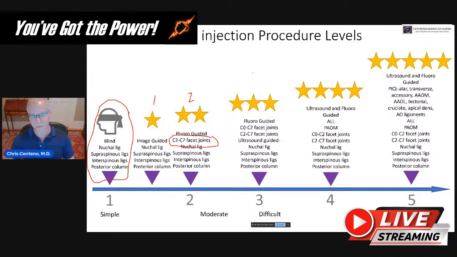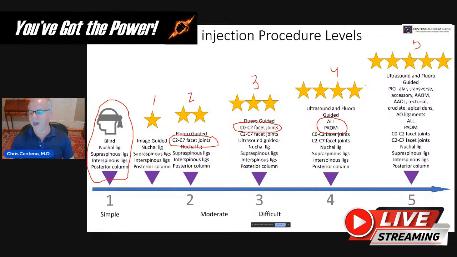Then we get to a level 3 procedure where you add in those upper cervical facet joints that few people inject. Even experienced interventionalists haven't done many 0-1 facet joints, for example. And then we get to a level 4 procedure where we're adding in now things like the anterior longitudinal ligament and going deep at that posterior atlanto-occipital membrane.